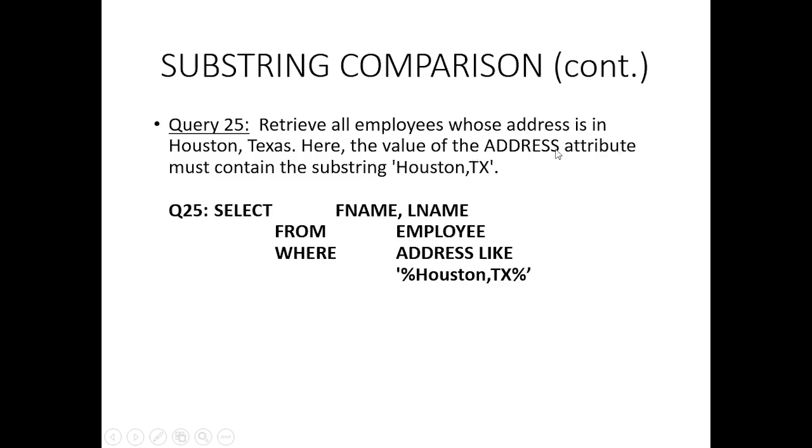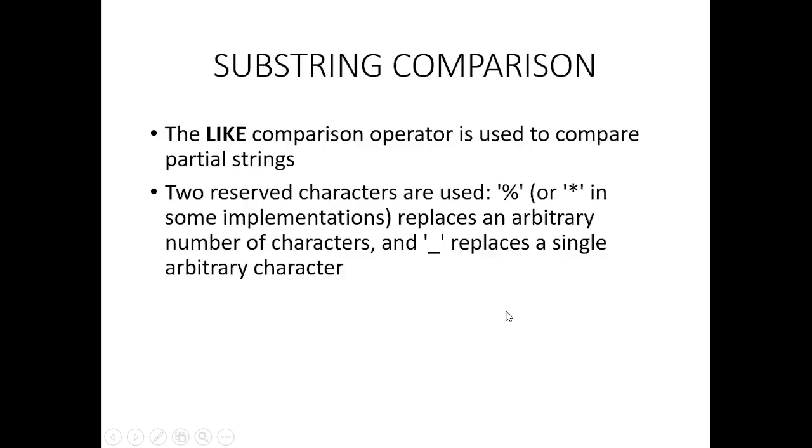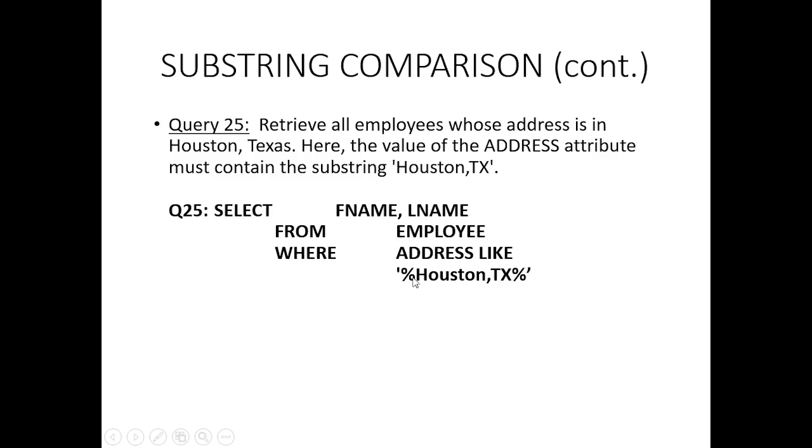So SELECT F name, L name FROM employee WHERE address LIKE, the LIKE operator is used here to match substrings. So for that we use '%Houston, Texas%'. That will replace an arbitrary number of characters. We'll have so many characters here, but we'll have Houston, Texas.